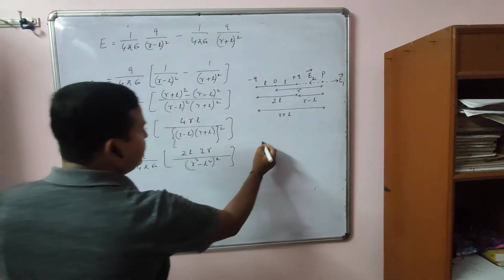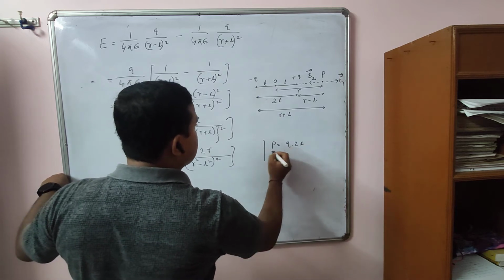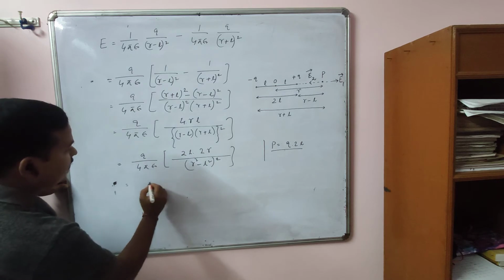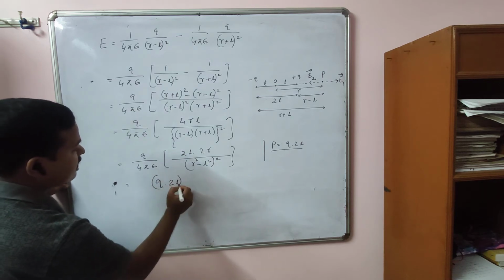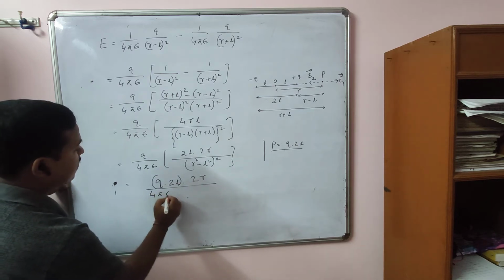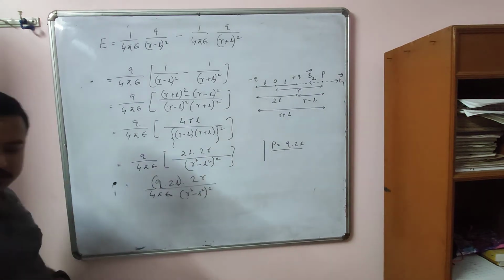Now here you see, we know the dipole moment. I have already given you, q into 2L, so this is the dipole moment. So in place of this q into 2L, you can write p, or you can write it in one step: q into 2L into 2R by 4 pi epsilon, R square minus L square whole square.